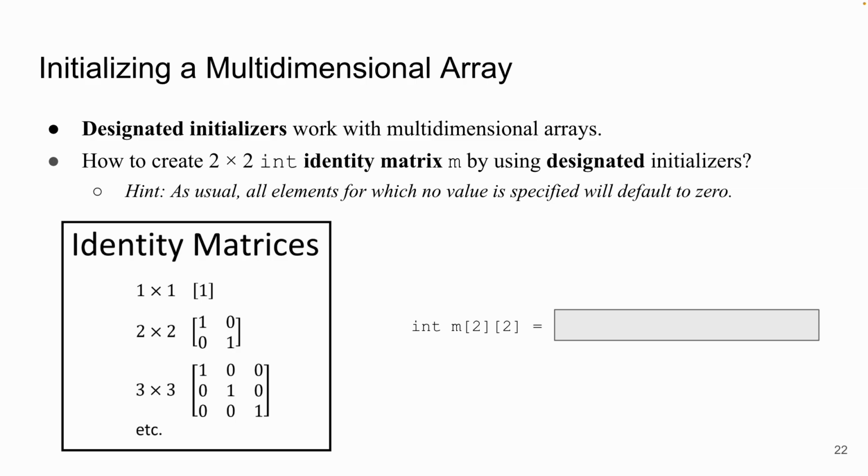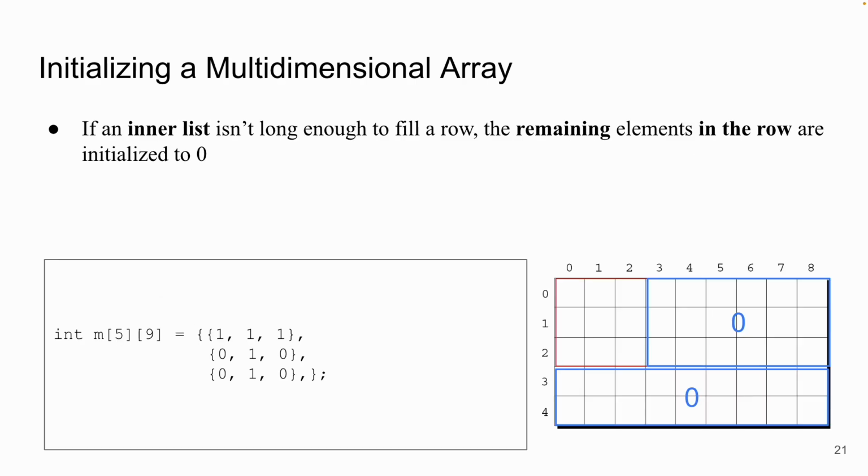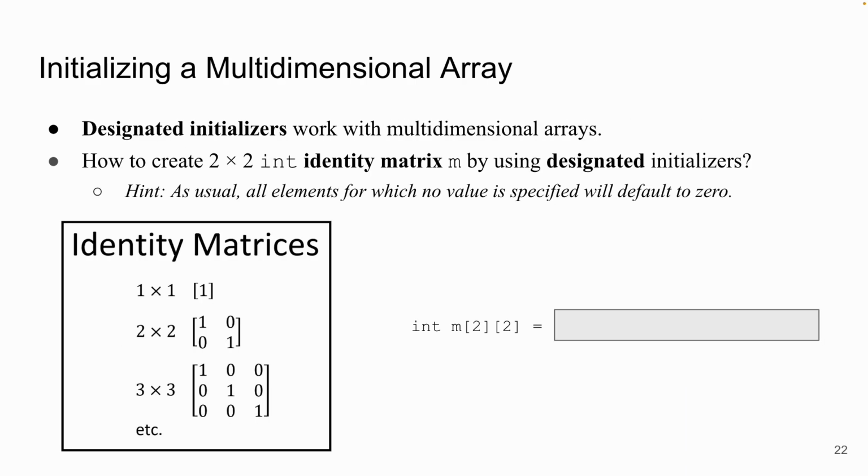Okay. And again, we have this traditional way to initialize a 2D array. We also have the designated way to initialize a 2D array. So here's a quick exercise. We want to use this designated initializer to create a 2x2 identity matrix N. If I want to do that, what kind of designated initializer do I need to write?